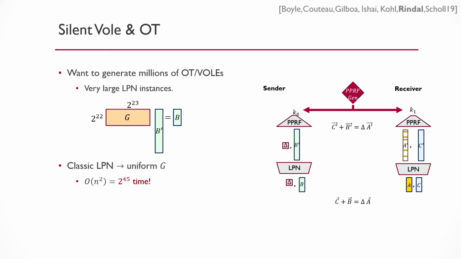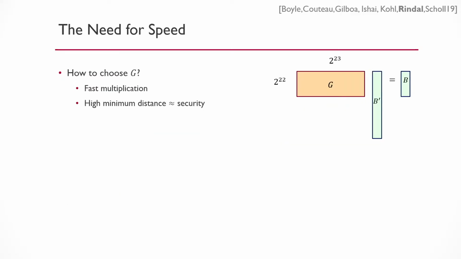Classic LPN says pick G uniformly, but like many people in this space, you don't choose this matrix G uniformly random. You want it to be some matrix such that matrix vector multiplication is extremely fast, but you also need this LPN problem to remain hard. So how do you choose this G matrix?